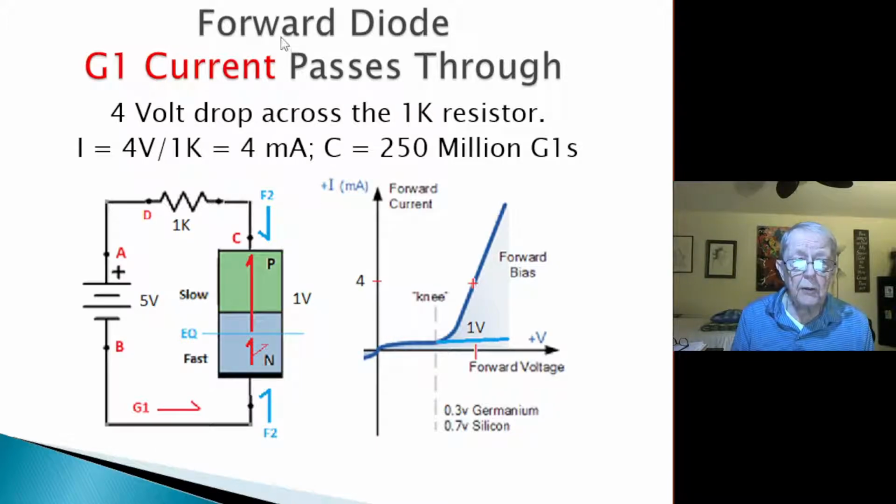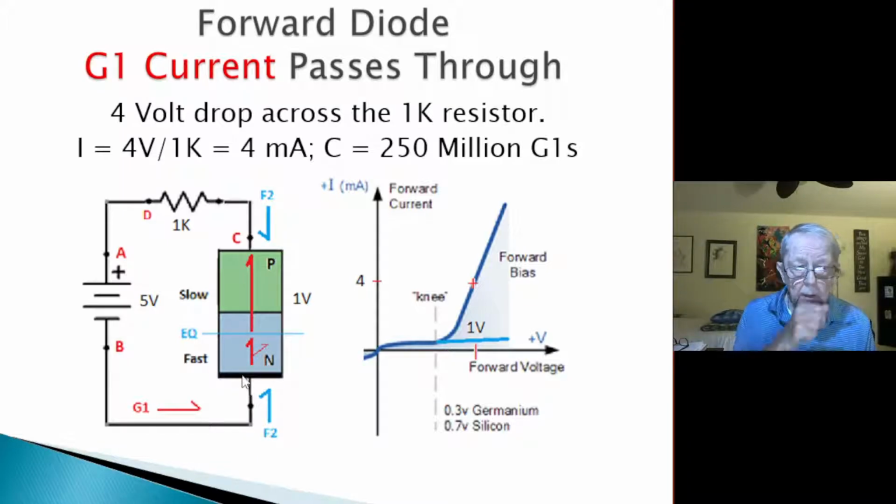So we're going to do the forward bias diode. Forward diode, this is a circuit. The battery is a 5-volt battery. G1s are flowing in this direction, and you've got the F2 force. And when it's forward biased, the G1s come into the N region, and then go around.